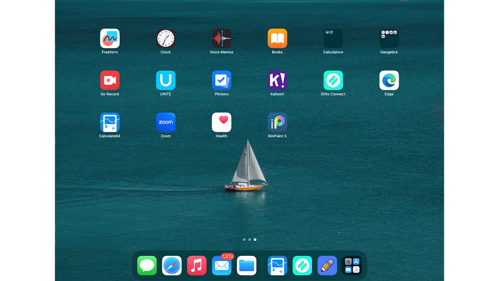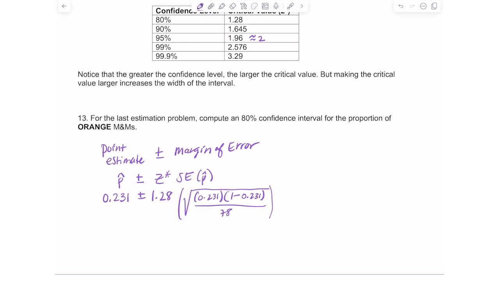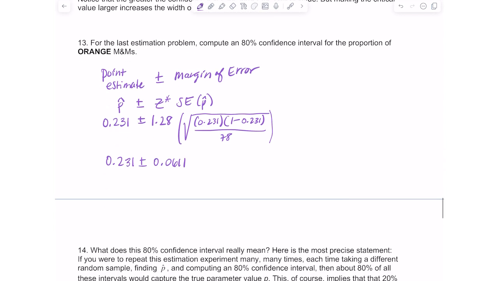Okay, so I've got 0.231 plus or minus 0.0611. Okay, that is my confidence interval. And it's expressed in plus or minus form. We're actually going to write it using parentheses. We're going to come up with boundaries.